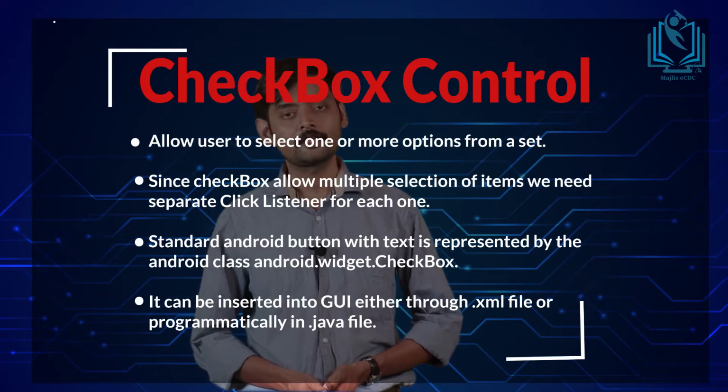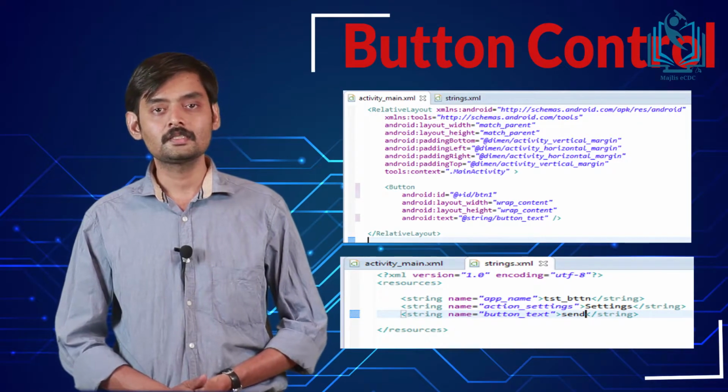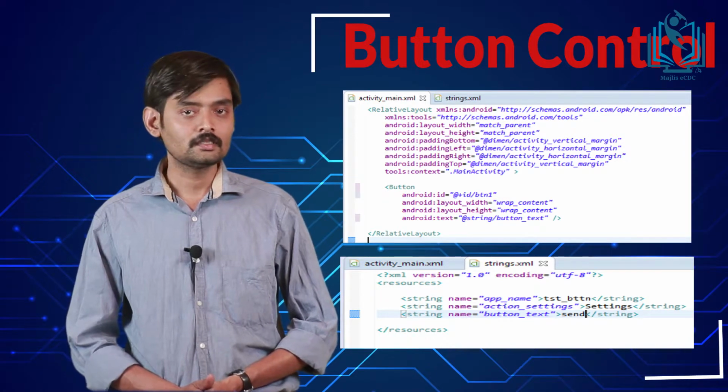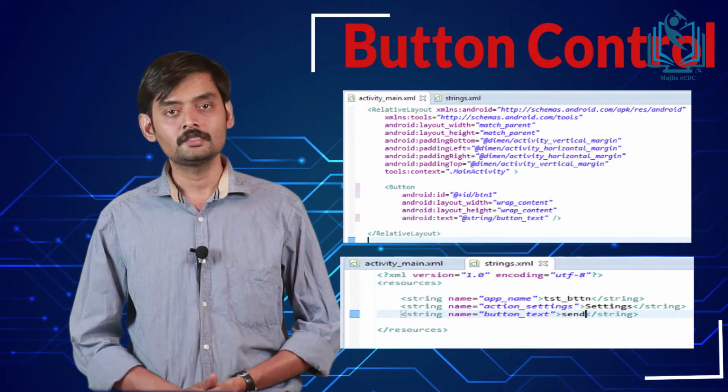So button control deals with three categories. First one, button with an image or button with text. This is one category of using button.